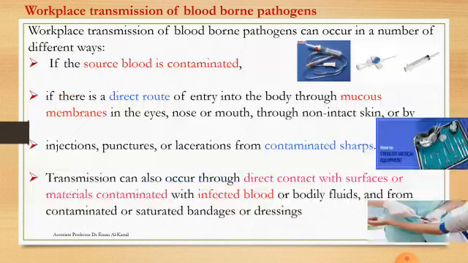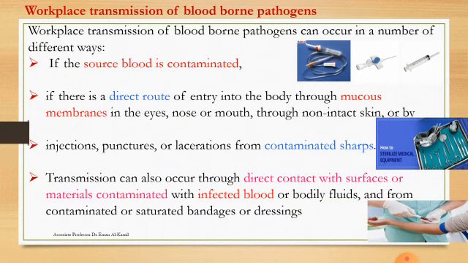How can an individual get the infection during his occupation in the workplace? Workplace transmission of bloodborne pathogens can occur in a number of different ways. That means, how can an individual working as a health worker get the infection?